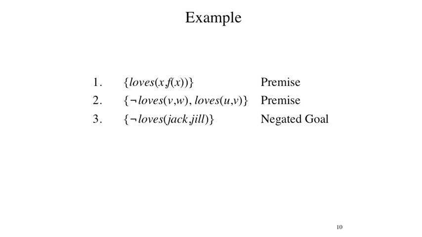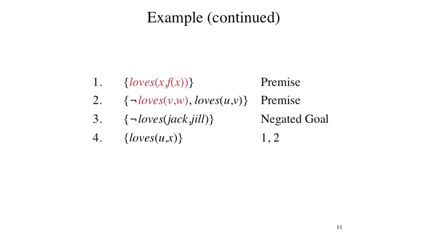Now, in order to prove the result, we write down these clauses and apply resolution. Resolve the first clause with the clause on line 2 to produce the clause on line 4. Here v is bound to x, and w is bound to f of x.